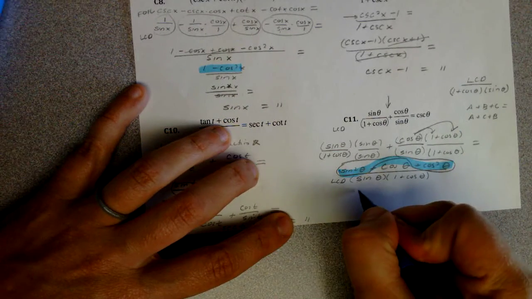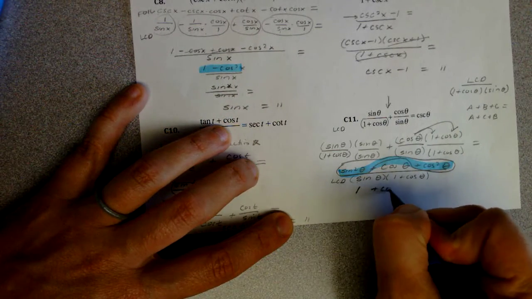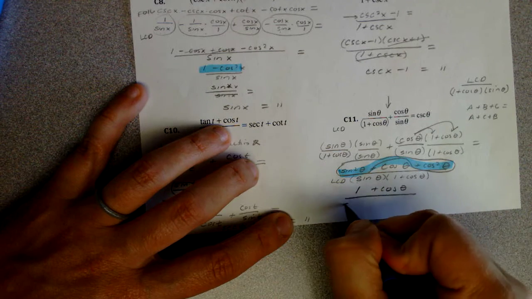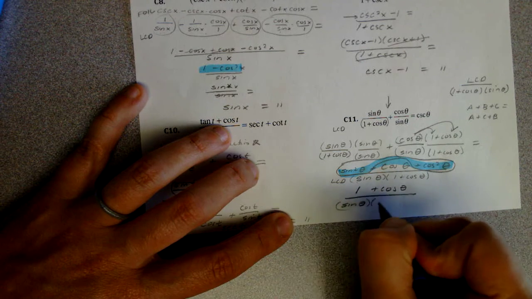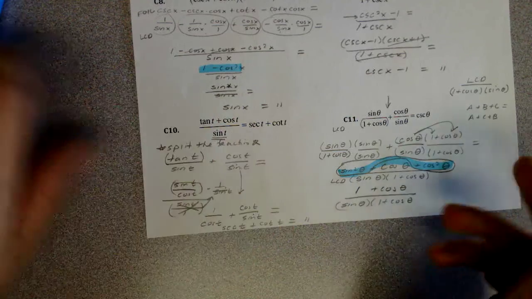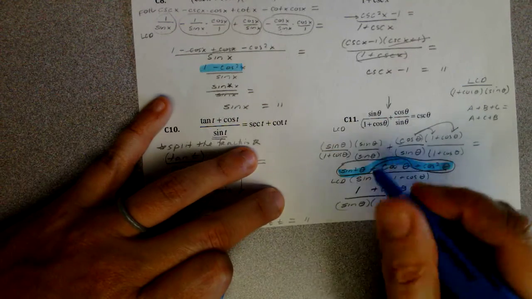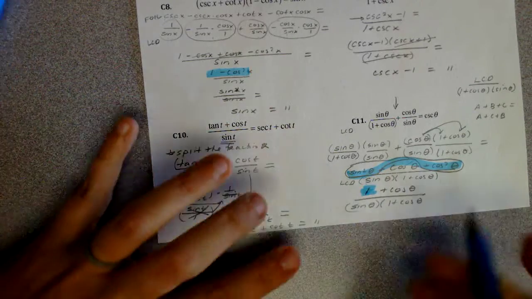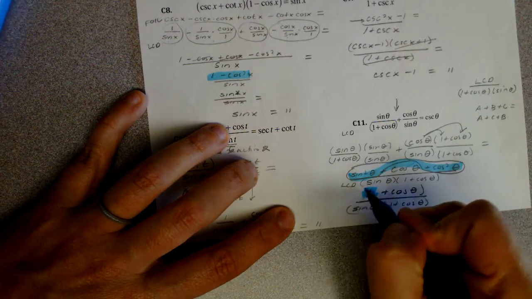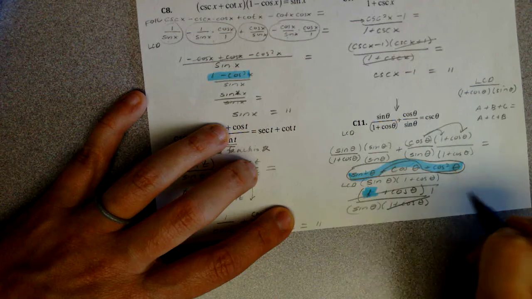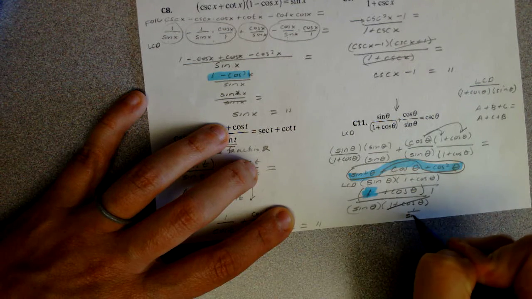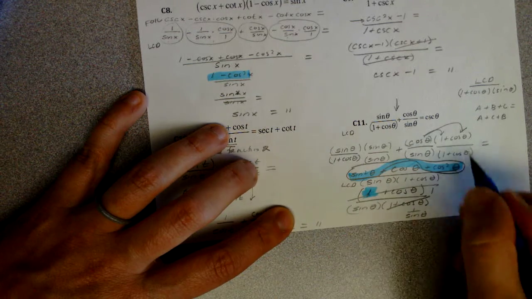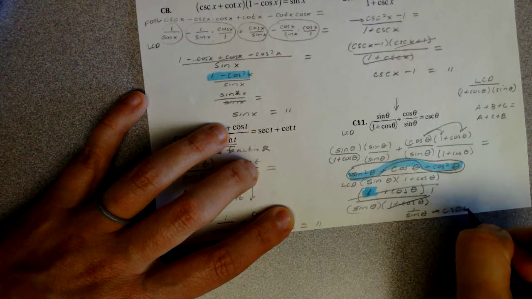That blue box is going to be replaced with a 1 plus the cosine theta. In the bottom, I still have sine theta and a 1 plus cosine theta. So this blue wave, if you will, is replaced with the 1. 1 plus cosine theta over 1 plus cosine theta gives me 1 over sine theta. And 1 over sine theta is cosecant theta.